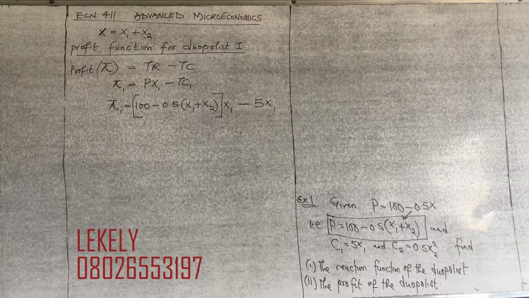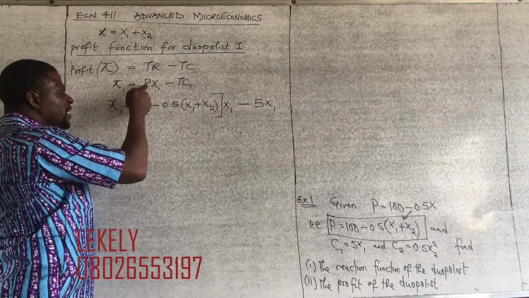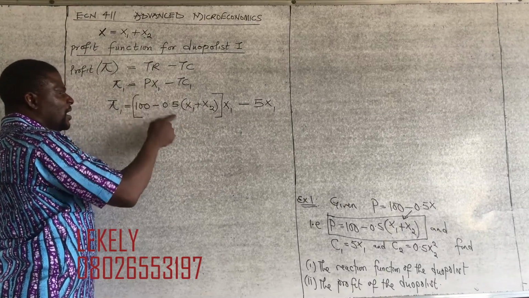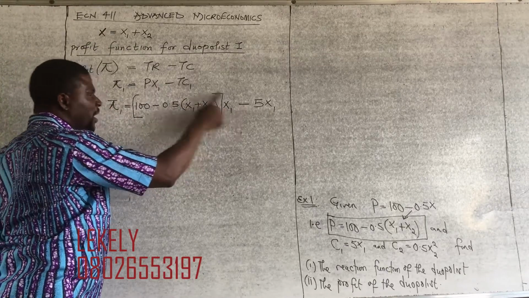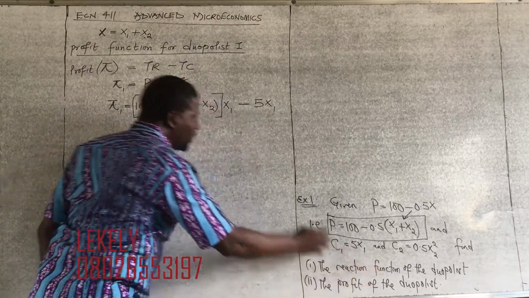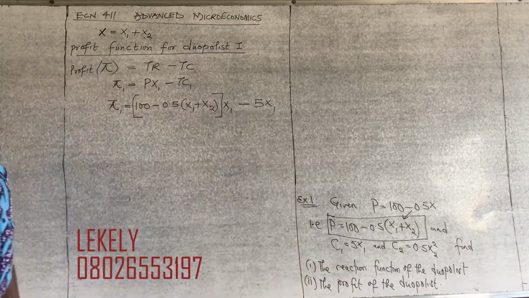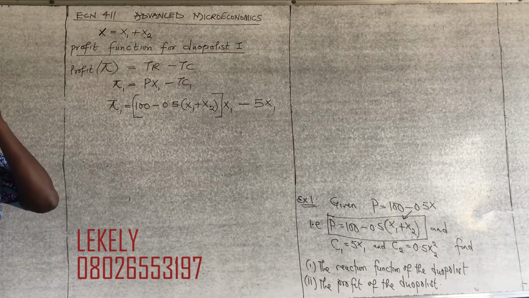Everything in this big bracket is this P. Then this x1, I still put it there. Minus, I still put it there. Total cost 1 is given in the question, 5x1. I put it. We are using the Cournot model now. Everything we are doing is Cournot.